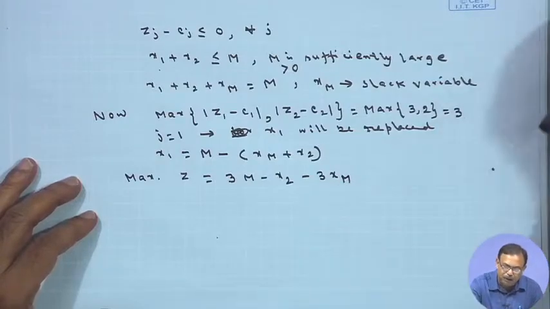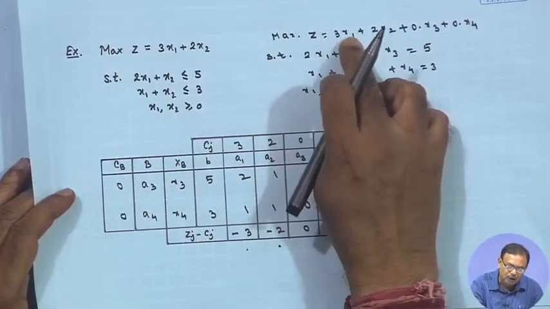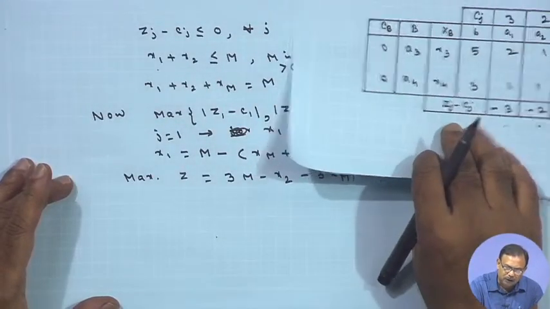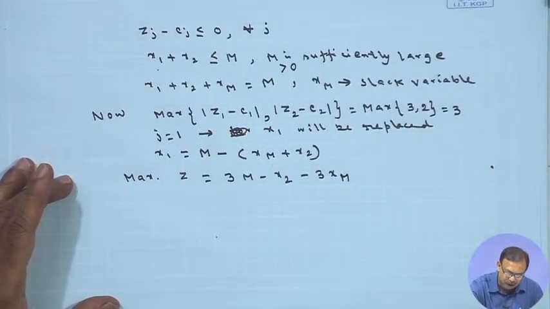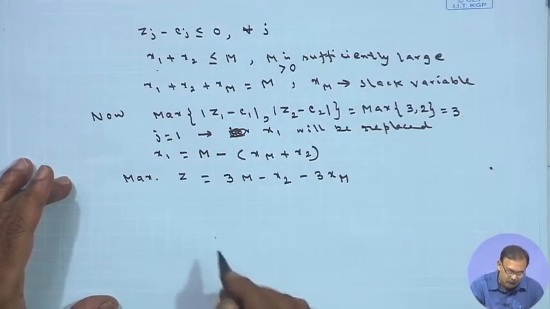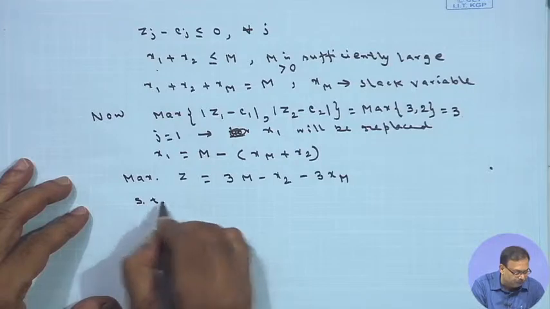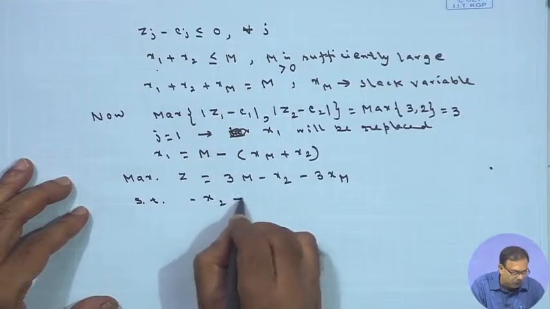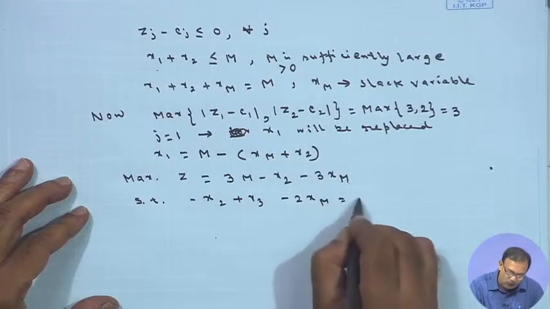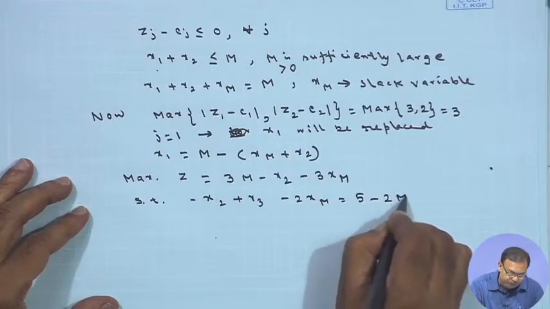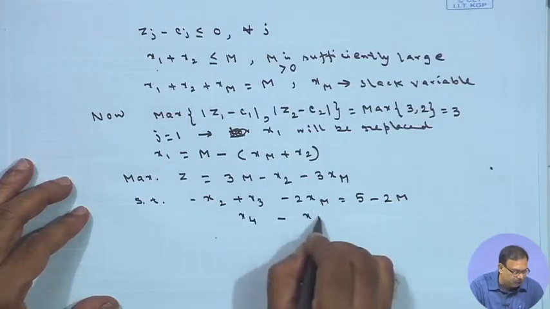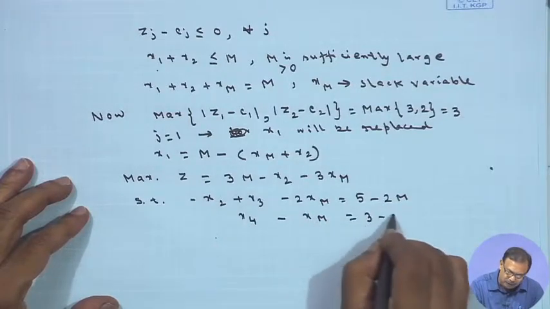If you simply substitute x 1 here, you will obtain this equation, 3 m minus x 2 minus 3 x m. It was 3 x 1. Subject to minus x 2 plus x 3 minus 2 x m equals 5 minus 2 m, x 4 minus x m equals 3 minus m.